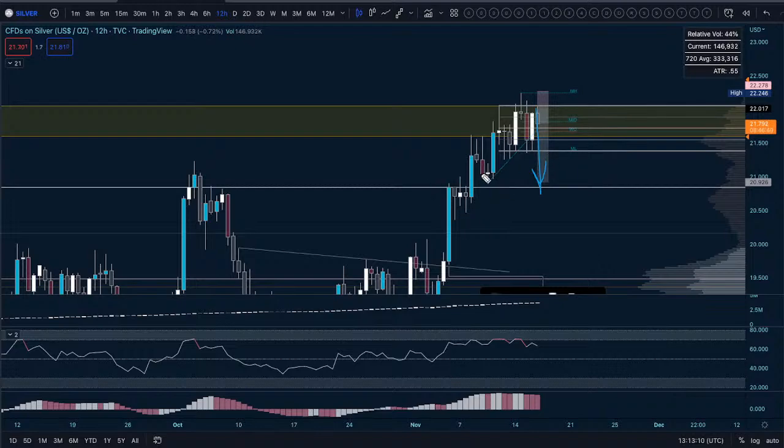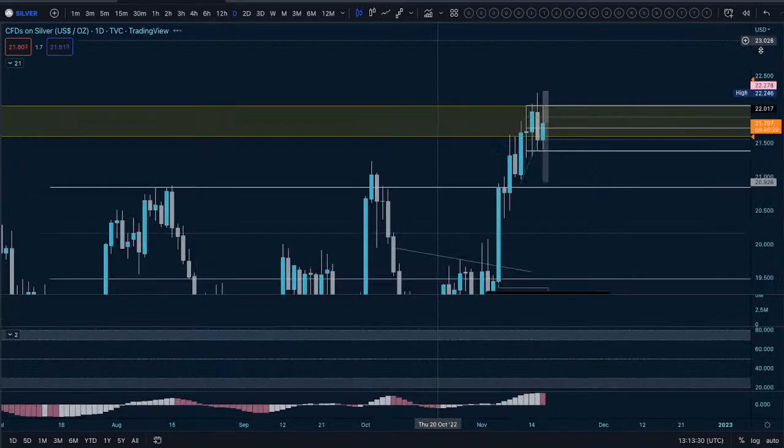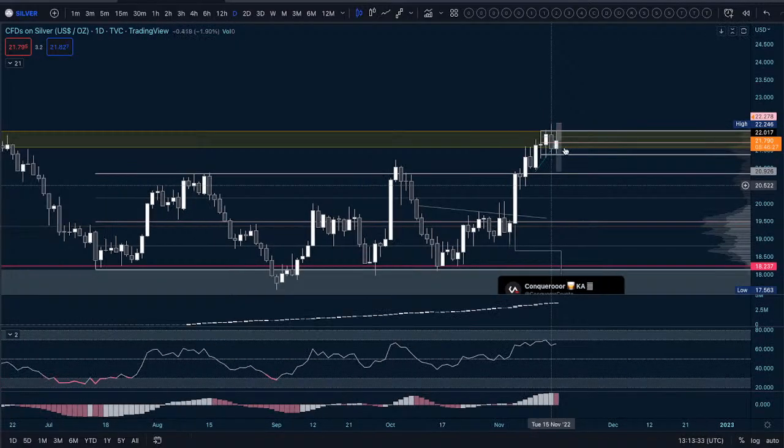But for me, this level now, this cluster is my brick wall. If this is broken, then my bullishness is gonna get hurt. What would I think if that happens? Then I would say, okay, maybe it's not ready.